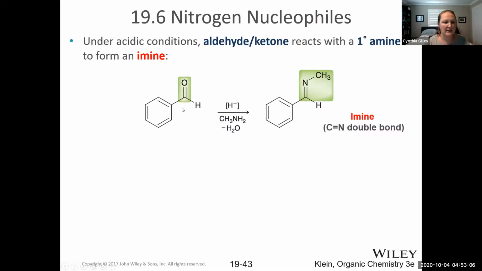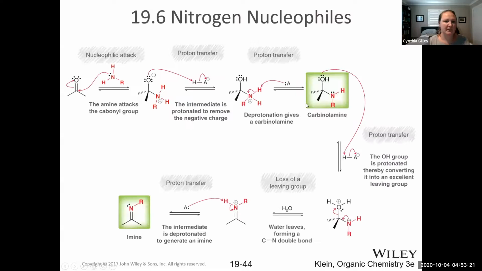But when you react an aldehyde or ketone with a primary amine, you end up with what's called an imine product. An imine product is characterized by a carbon-nitrogen double bond, as you can see here. How is the imine product formed, right? Let's look at this first step, because this is really, really strange. I want you to think to yourself, that is really strange, right?